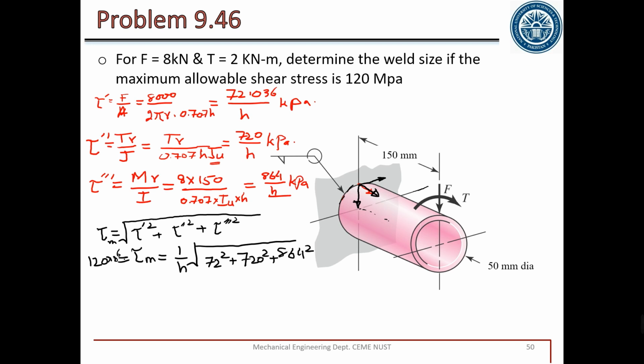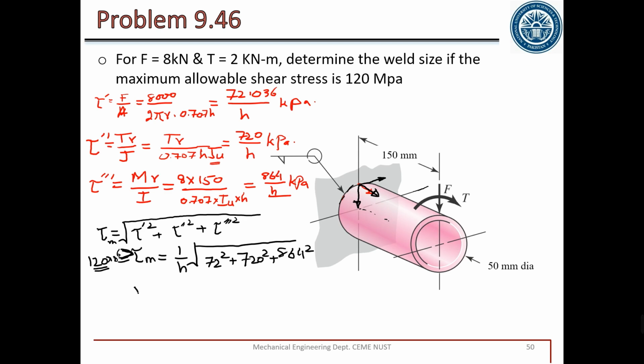To be on the safer side, this allowable stress should be more than the maximum stress. So the equation has to be like this. If tau maximum is greater than this value, the structure will fail. So this has to be greater. Substituting all the values, h will come here and 120 will come here.